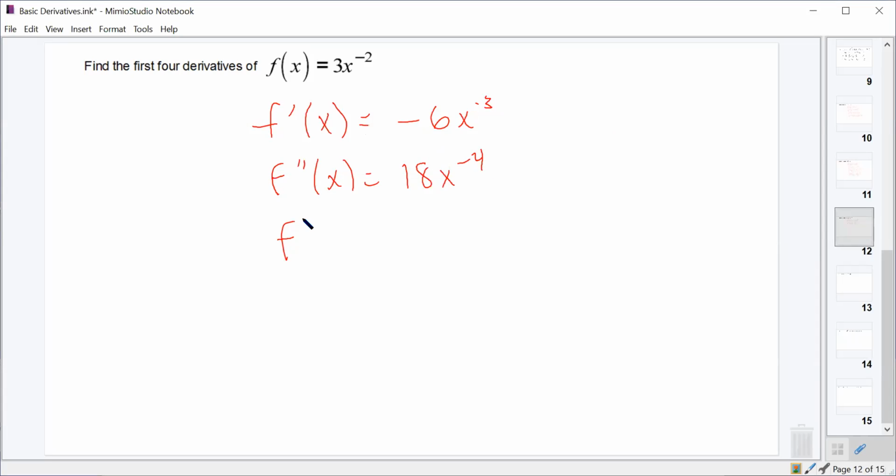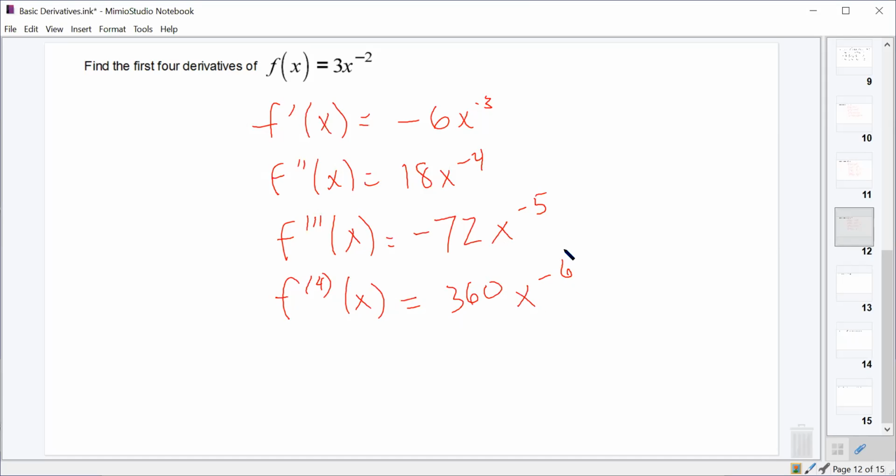And the next derivative? Negative 72x to the negative fifth. Okay, and the fourth derivative should be, what's 5 times 72? Should be 360, x to the negative 6. Easy enough?